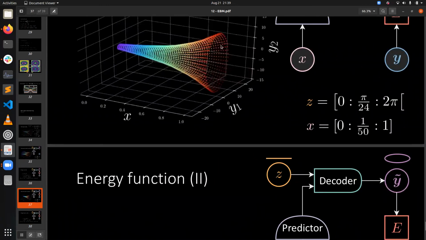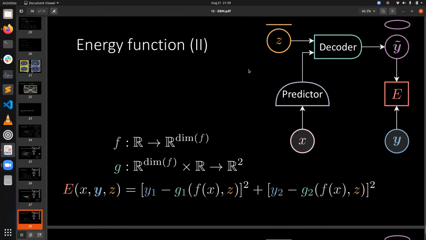But in an actual problem, we don't know that the latent variable would be like that. So here, since we knew that, we took the latent variables with that knowledge of the data generating process. In reality, that is something which has to be learned.